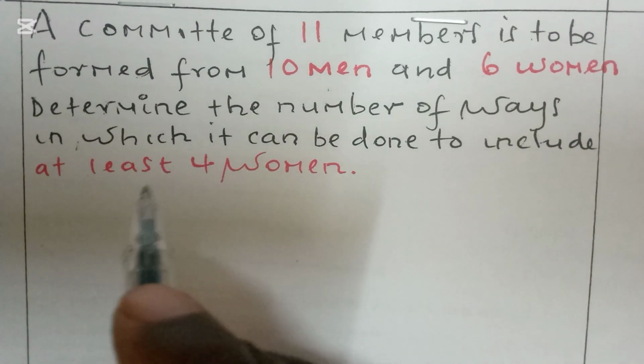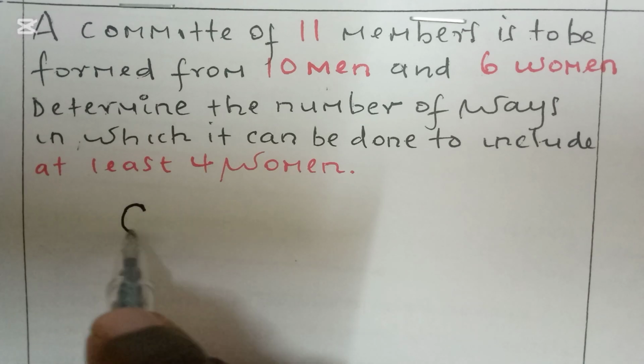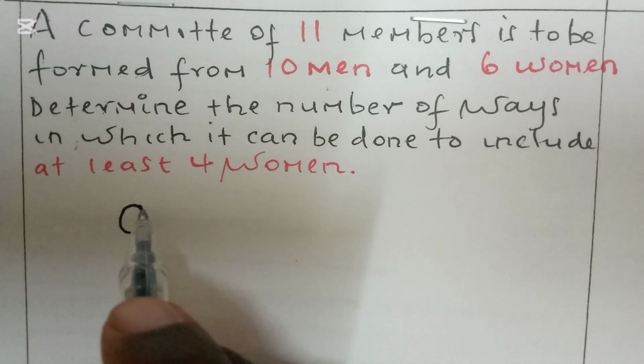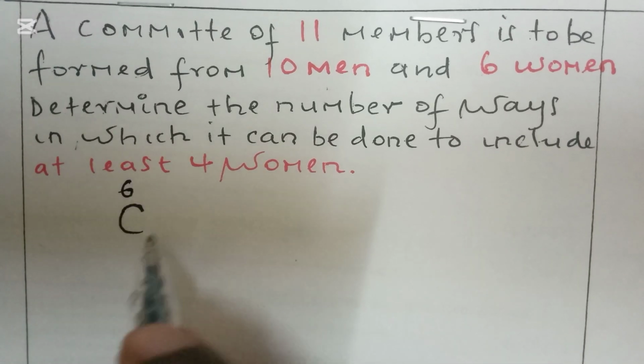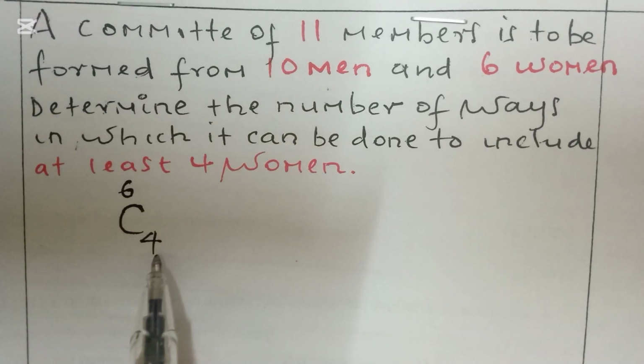So guys, we are going to start with the inclusion of 4 women because we are talking of at least 4 women. So I will write 6 combination 4. This one represents 4 women.